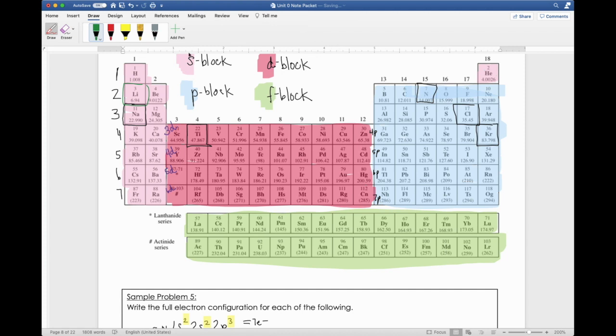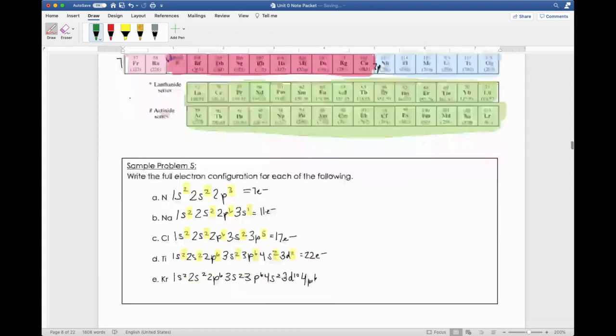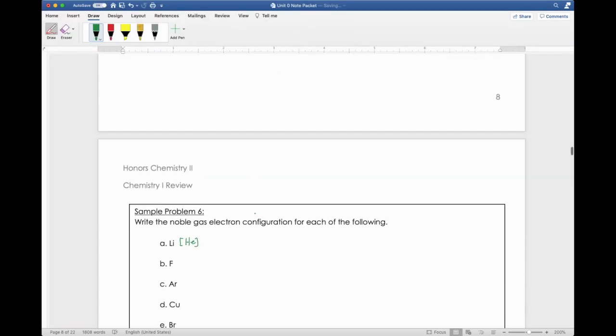So once I'm here, I'm going to start off in the second period. And lithium actually ends at 2s1 right here, second period, s block, first element. So I'm just going to write whatever comes after that, 2s1. And that's it. That's the noble gas notation. This is important because it helps us to determine how many valence electrons an atom has.